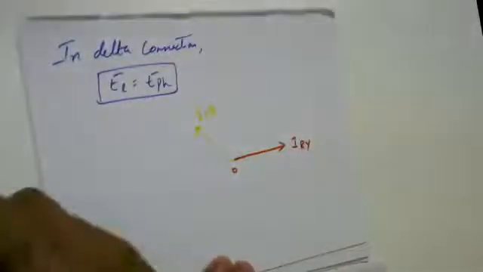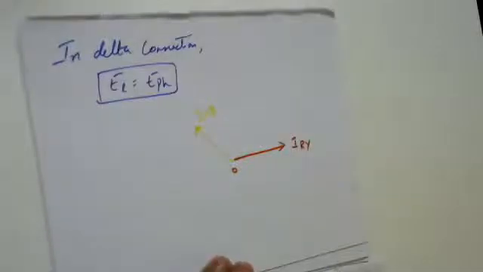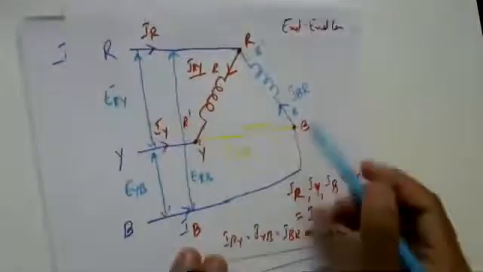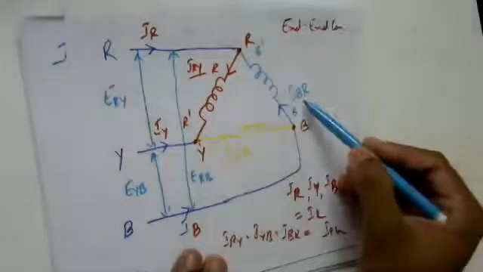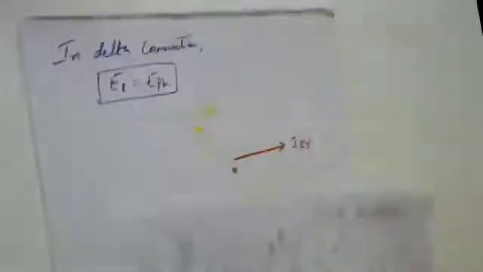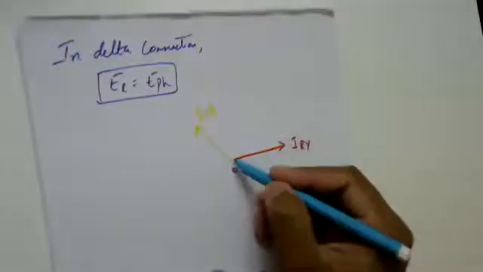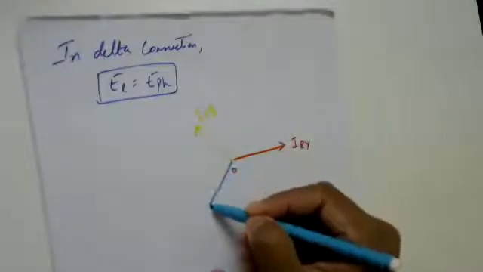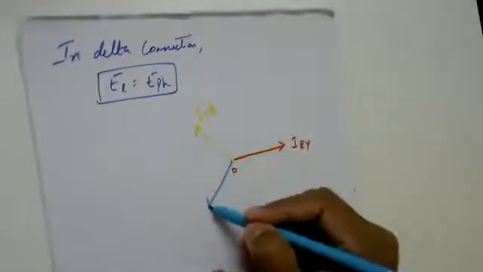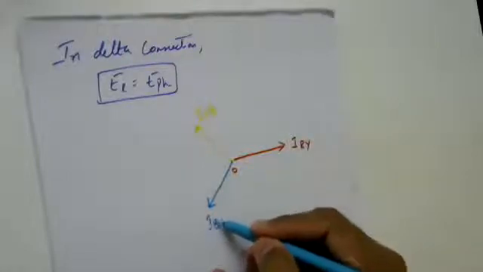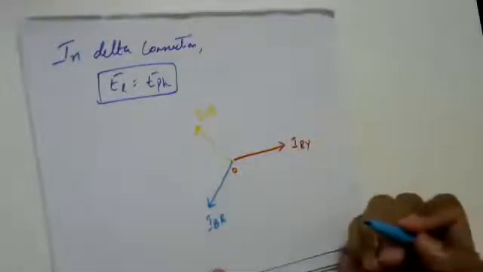Then next I have the current that flows in my B phase, that is my IBR. How to show my IBR? Again, it should make an angle of 120 degrees with both the vectors.